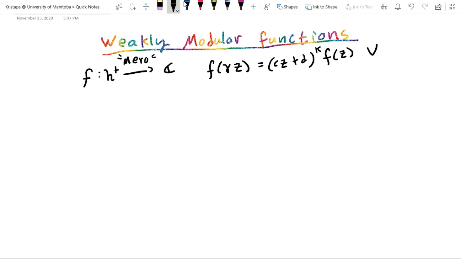And this holds, of course, for all matrices gamma in SL2Z and all points of the complex upper half plane. But where does this definition come from?